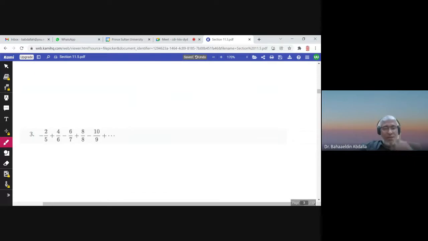Another series: negative, positive, negative. So there is negative 1 to the power n this time, because it starts with a negative sign. If n is 1, this would be negative. Now what do we have in the numerator? 2, 4, 6, 8.